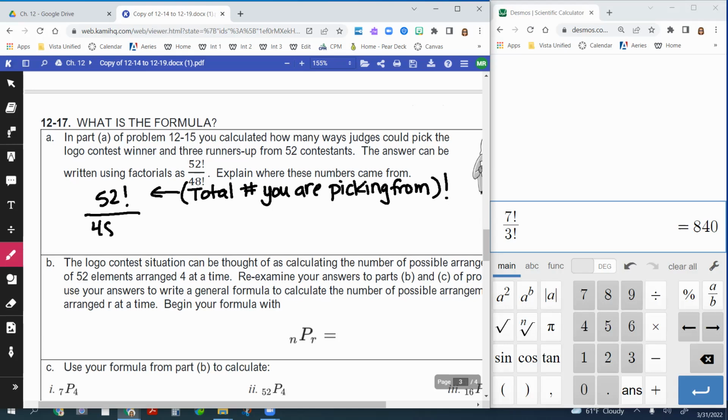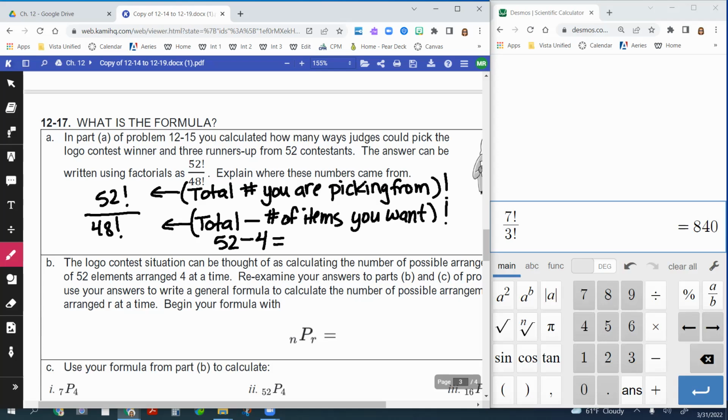And then the 48 is the total minus the number of items you want, factorial. So this is really 52 minus, and we were picking 4 spaces. So that gave us 48. And that's how I got my 48 factorial.